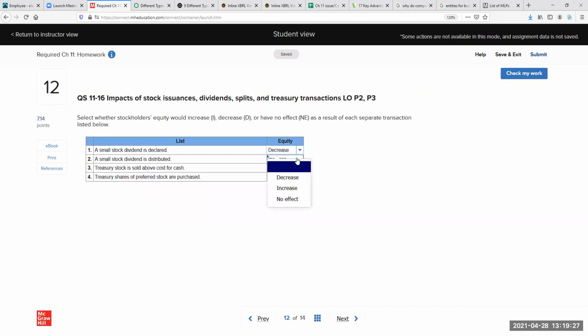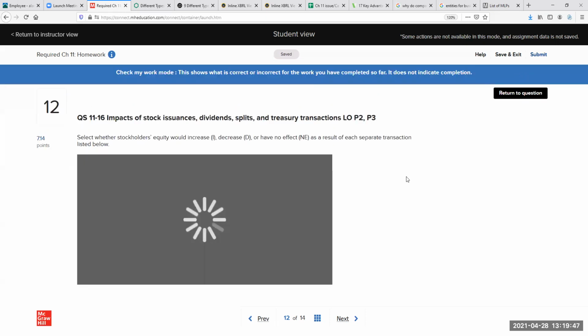Tricky. The difference between declaring it: when it's declared, it's retained earnings, common stock distributable, APIC. And when it's distributed, common stock distributable, common stock. And it wants to know the effect on equity.